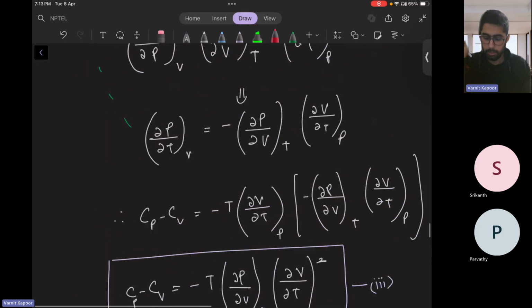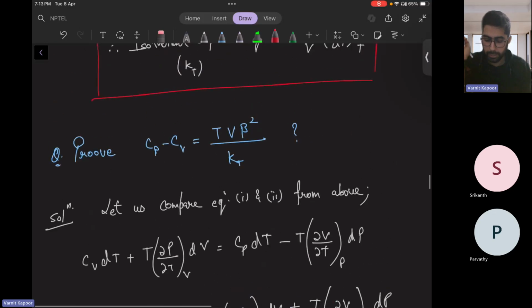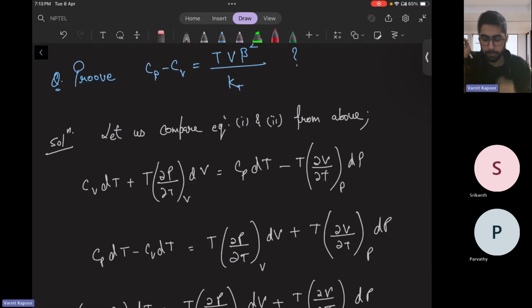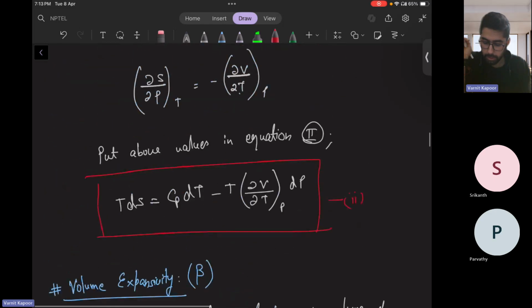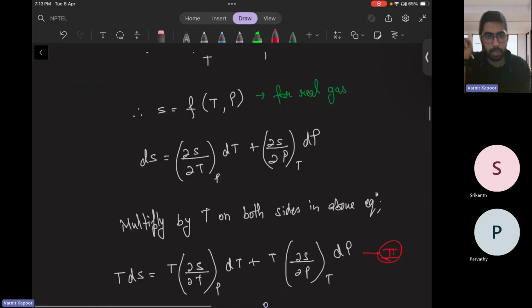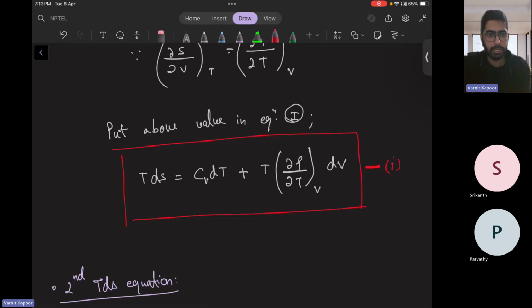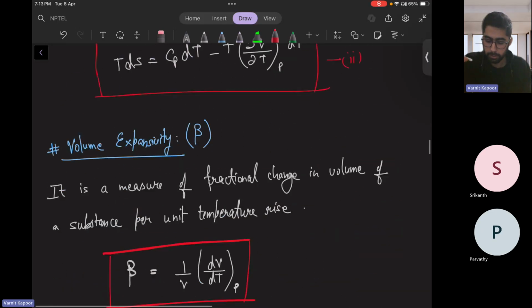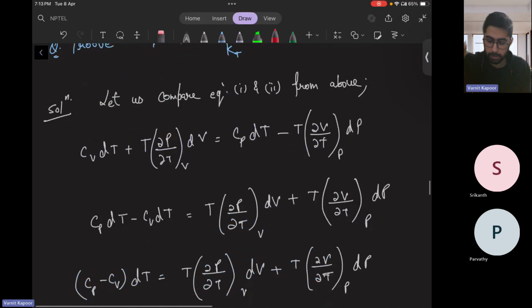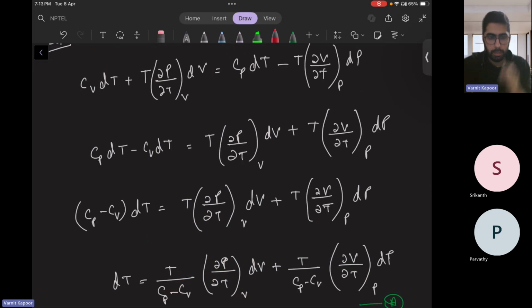So I'll give a brief context of how we came to it. We have already derived equations 1 and 2, both tedious, so we'll compare both of them. On comparison, we got Cp minus Cv times dT equal to the right-hand side after transposing.